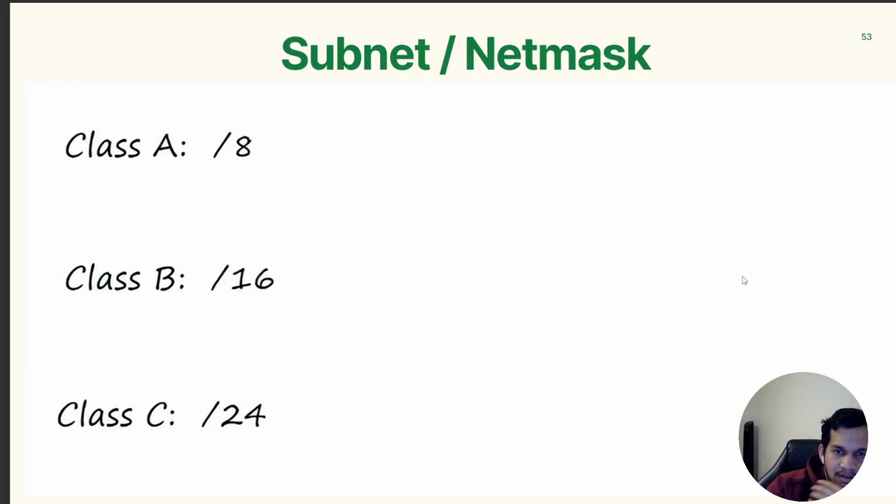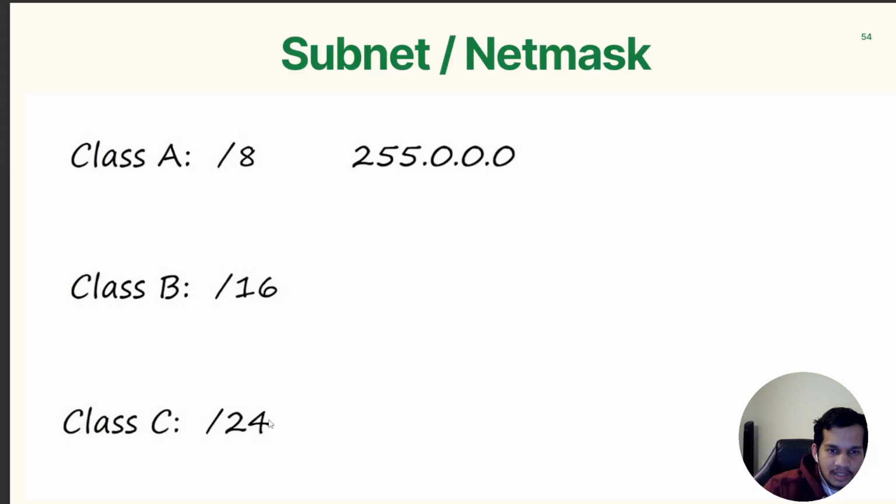So what is the subnet mask or net mask over here? The subnet mask is denoted in binary itself, so we just need to know what /8, /16 and /24 are denoted as.